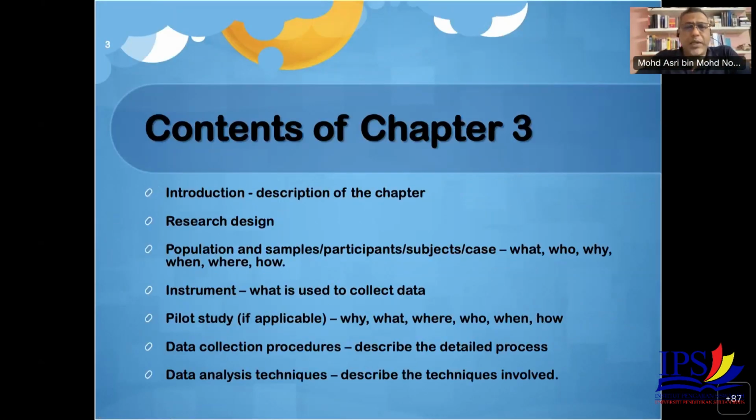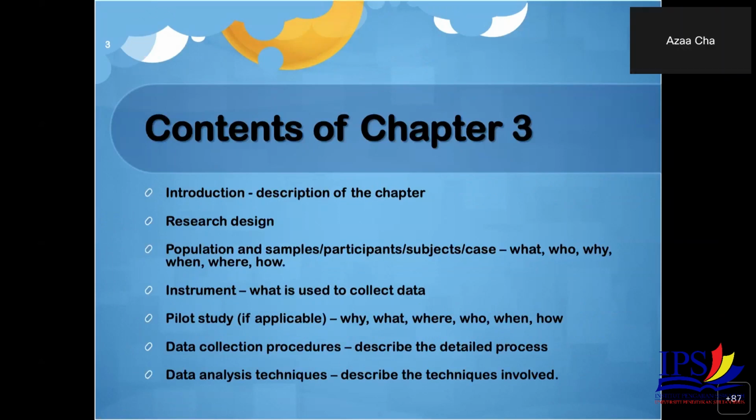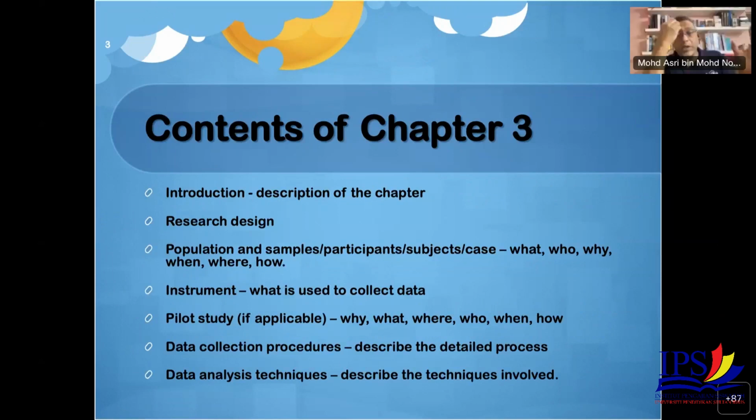In chapter 3, what you will do is, now remember, chapter 2 just now, I discussed, you can arrange your chapter 2 chronologically or thematically. Chronologically meaning you start with the historically oldest to the newest.